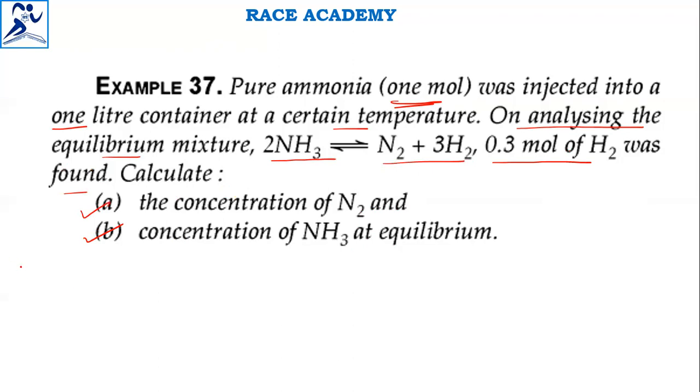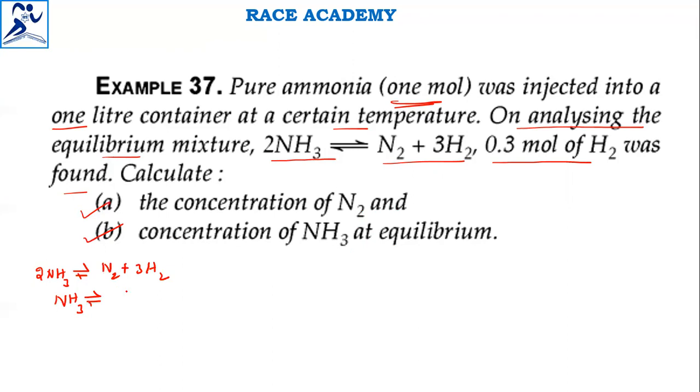So to find both these things, first of all, we have to consider the given equation, that is 2NH3 in equilibrium with N2 plus 3H2. In this equation, initially they have taken 1 mole. If there is any confusion, you can take it as 1 mole only.